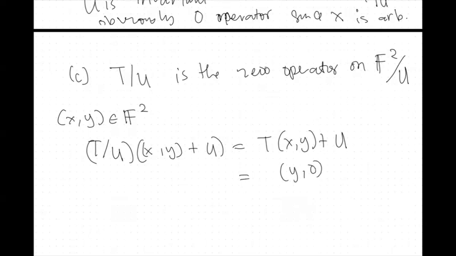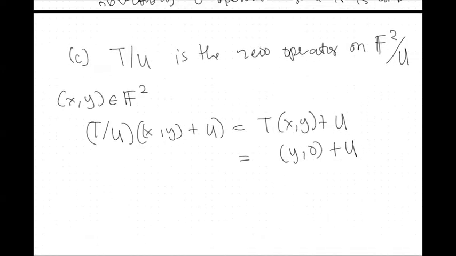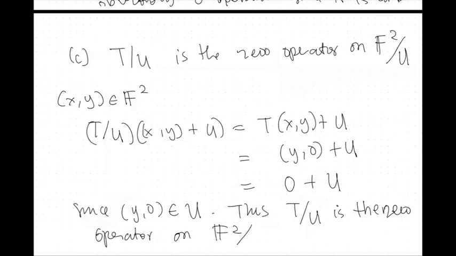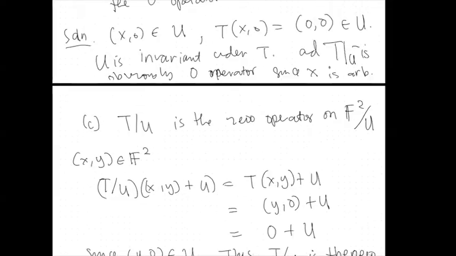T of (x, y) is just (y, 0), plus U. Now, this is just 0 plus U, since our (y, 0) is absorbed by U. That means our T mod U, the quotient map, is the zero operator on the quotient space of F^2 modulo the subspace U. Observe that T is not the zero operator, however, T mod U, the quotient map, and the restriction map of T to U are the zero operator in the respective examples that we have considered here.